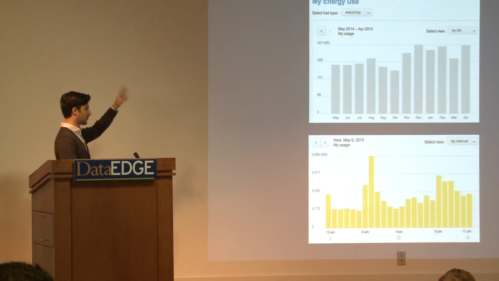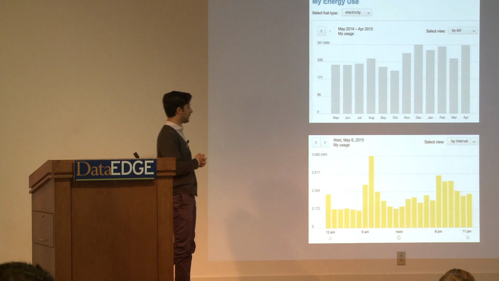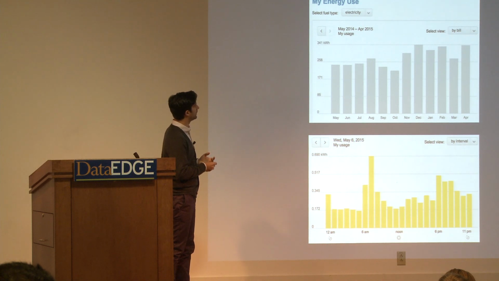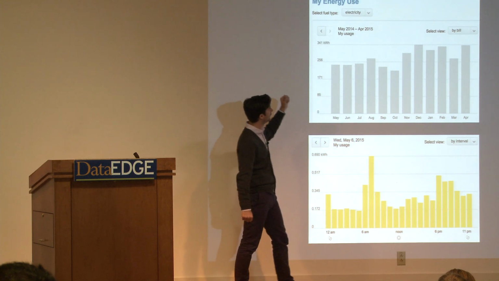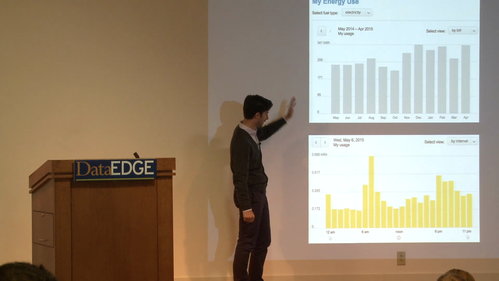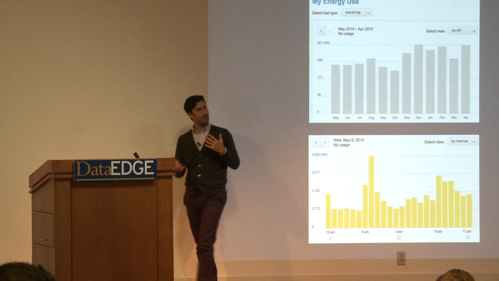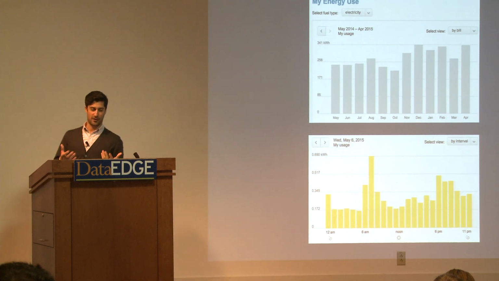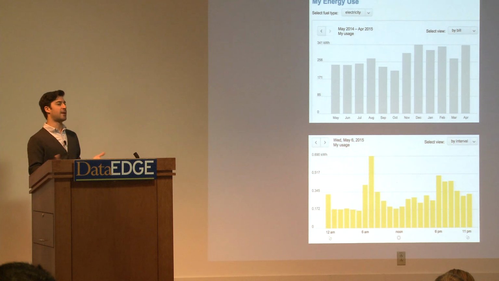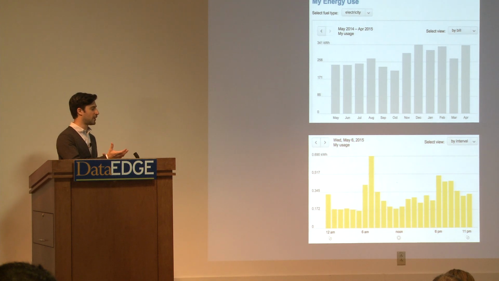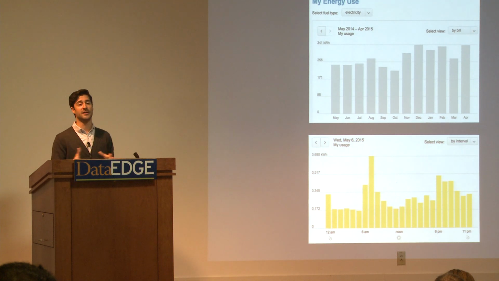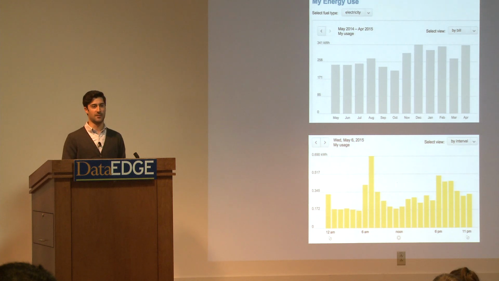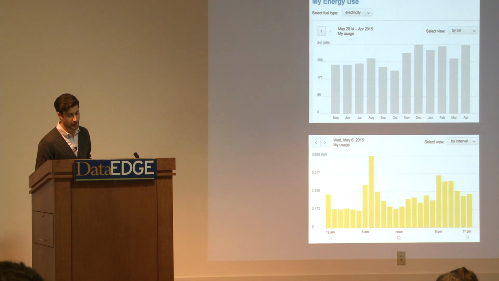I just happened to copy some from my own energy bill, and it shows you your energy usage over the course of a year, and if you want to drill down, it shows you 1 day. But that's not really how I think of energy. Clearly there are patterns, but I want to know, was there a particular day when I used a lot of energy, or was there something interesting in my energy usage that I didn't know?